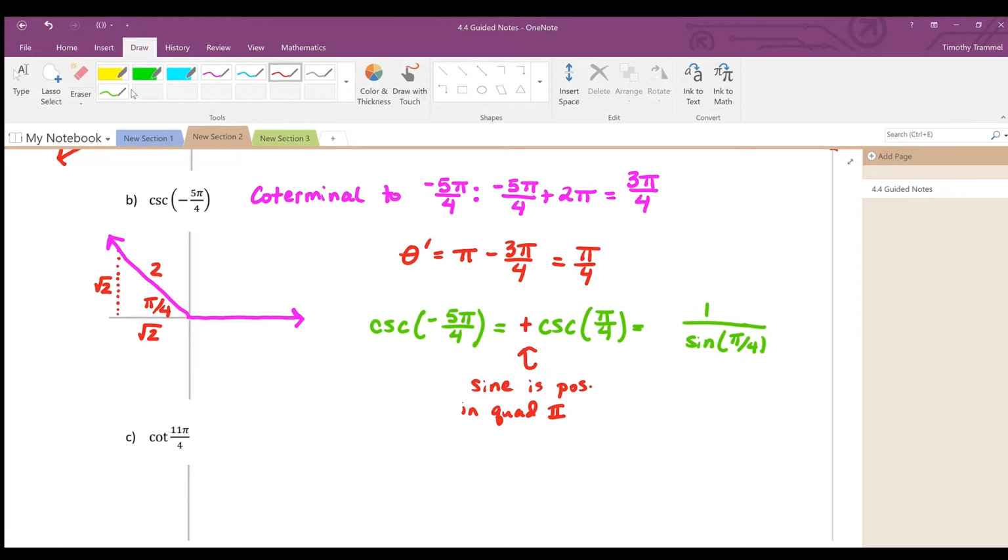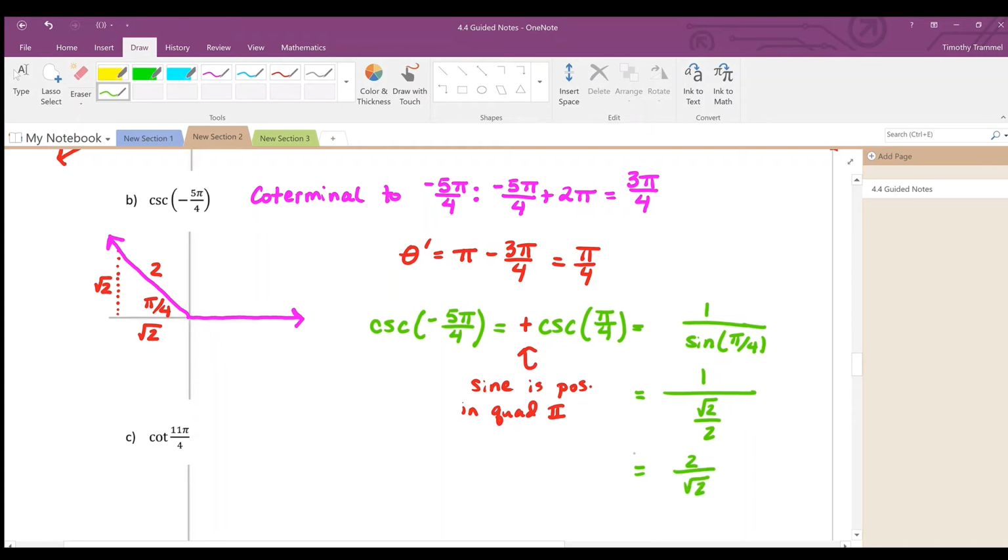And the next thing we'll do, and let's keep it in the same color, is use that triangle to find sine of pi over 4. So sine, that's opposite over hypotenuse. So if you do that, you get the square root of 2 over 2. And if we were to simplify this a little bit, this is going to become 2 over the square root of 2.